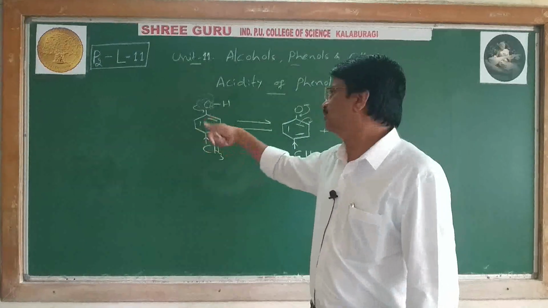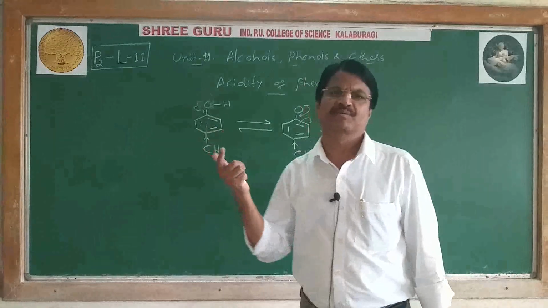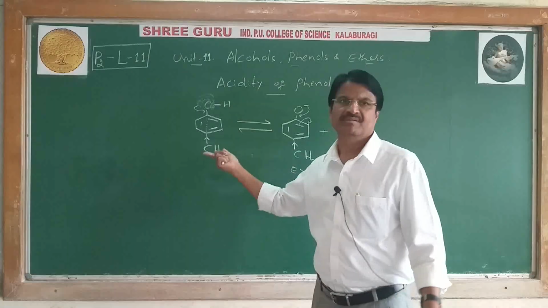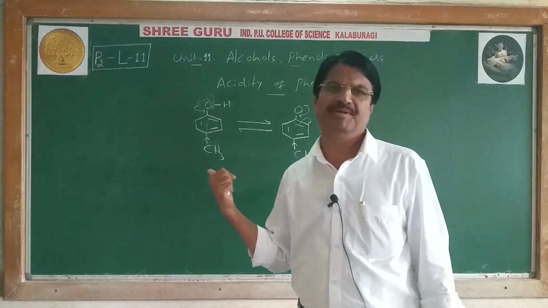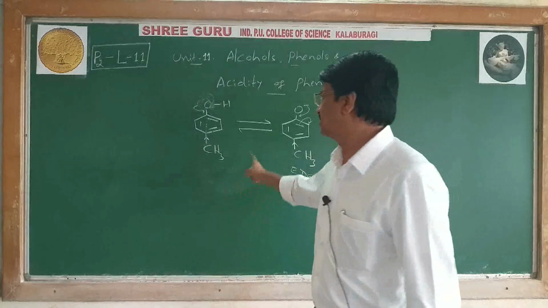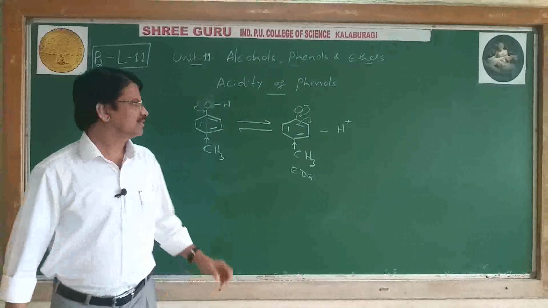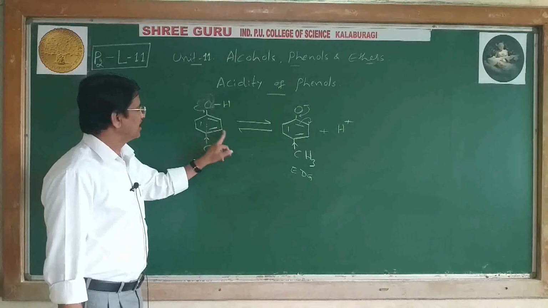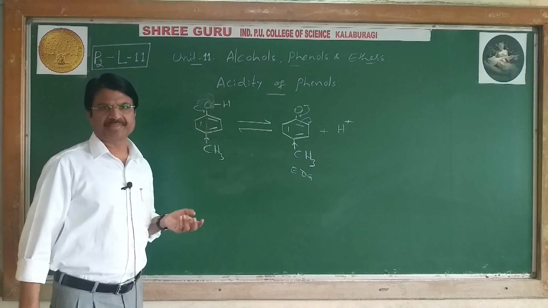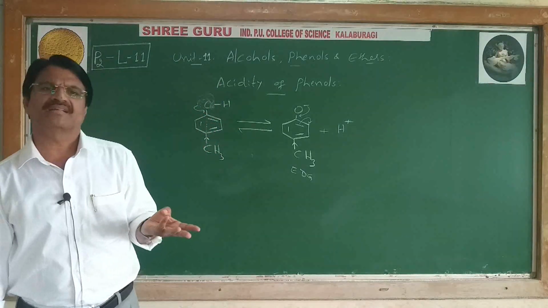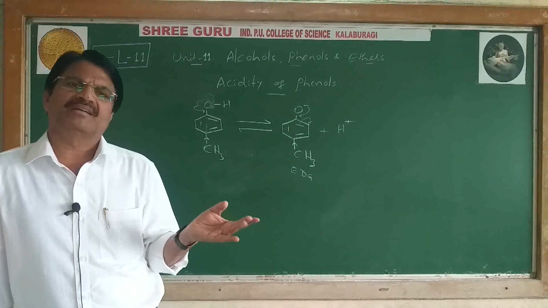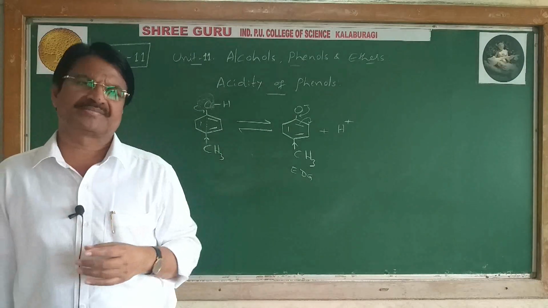Hence, the molecule cresol, paramethyl phenol or orthomethyl phenol, they are said to be less acidic, right? Less acidic. Next, among the three, paramethyl, metamethyl, orthomethyl, three cresols are known. They are orthomethyl, paramethyl, and metamethyl cresols.